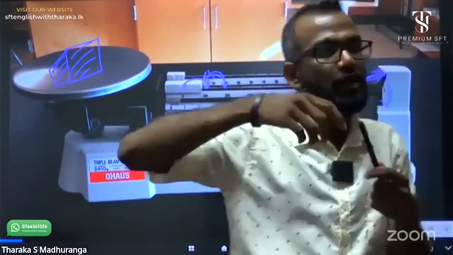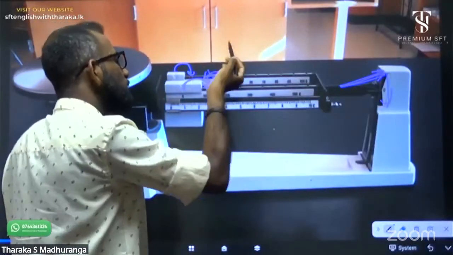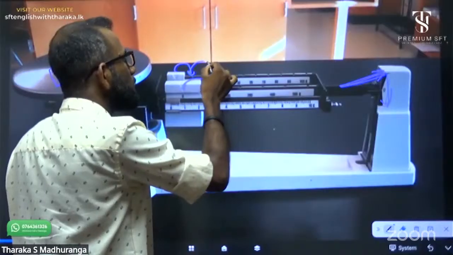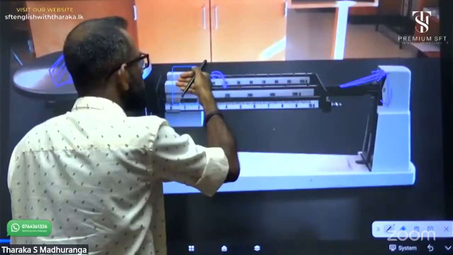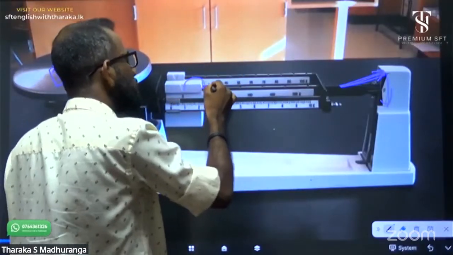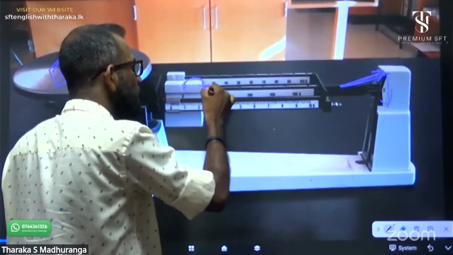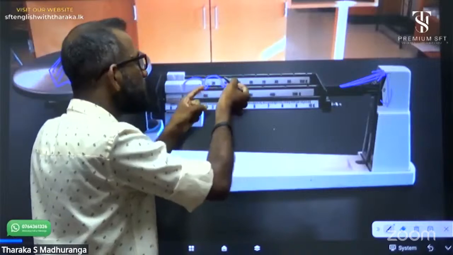What is the next heaviest mass? 10 gram, the final one, third beam rider. What I did with the first heaviest mass: first I shifted to 100 gram, then to 200 gram.